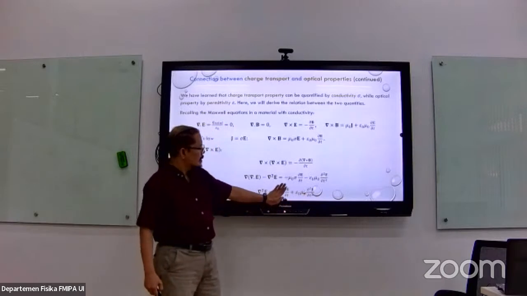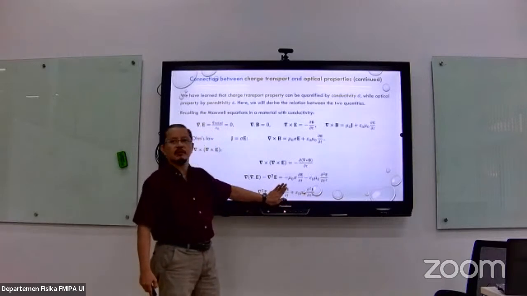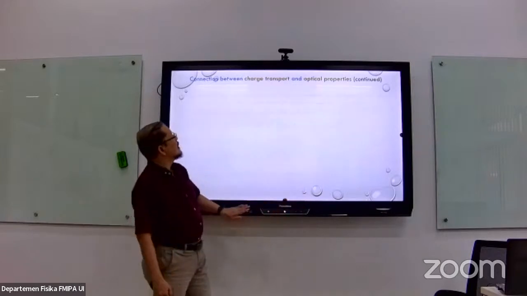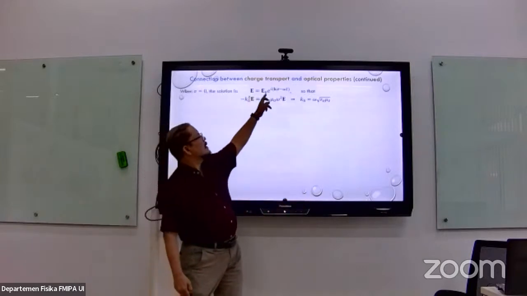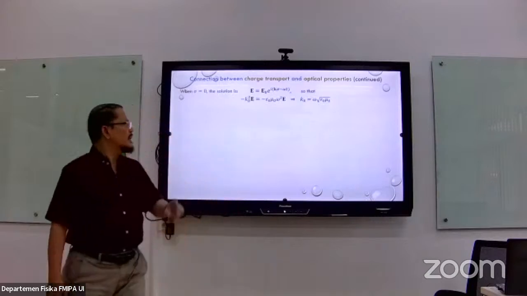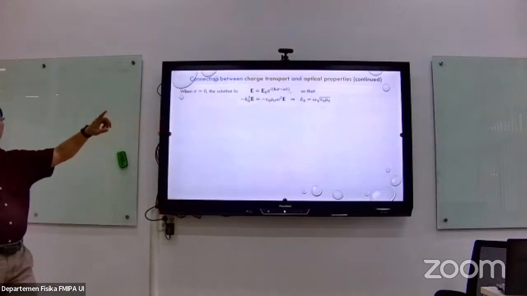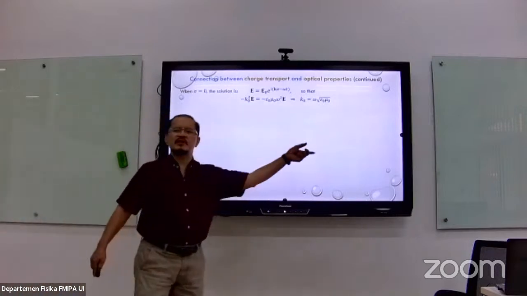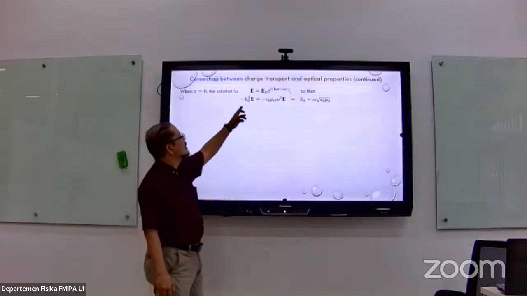Especially when we simply drop this term, the solution is easy, which is this. Okay. So if we take this solution into the differential equation, this is what we get, right?